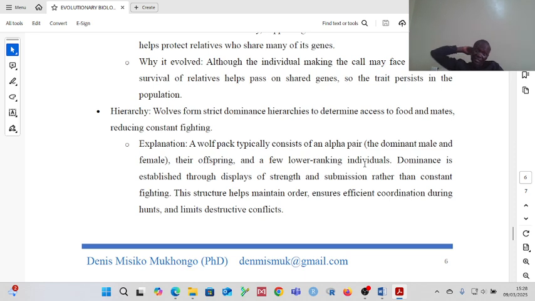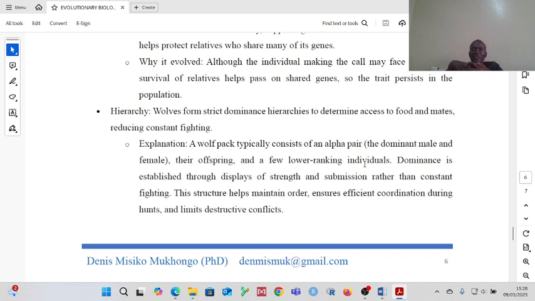And with that, it now helps to limit the occurrence of these destructive conflicts. Because there have been the display of strength. So you know who is stronger, then the ones that are less stronger submit automatically. Okay, so by submitting, they will have developed the hierarchies, they will have developed the structures in there.